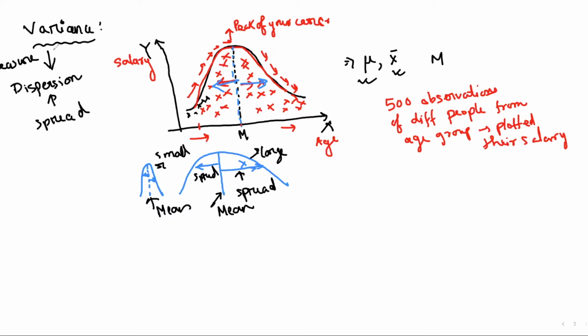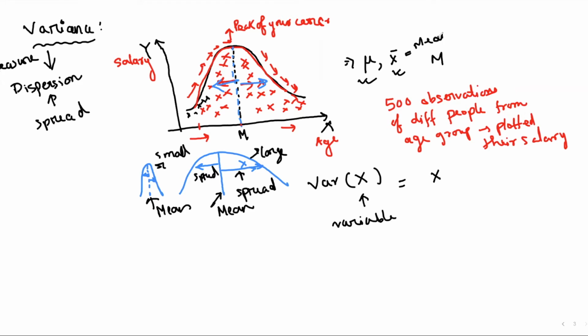This is variance. Now there is a formula to calculate variance. So variance of, let's say, variable x. X is nothing but a variable. How to calculate variance? You know this is the mean, right?